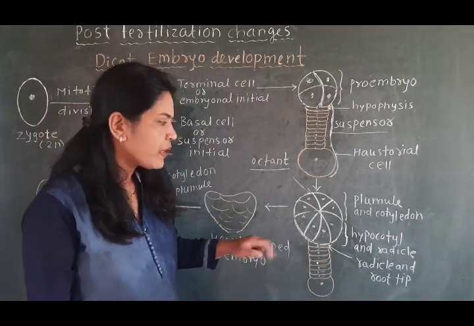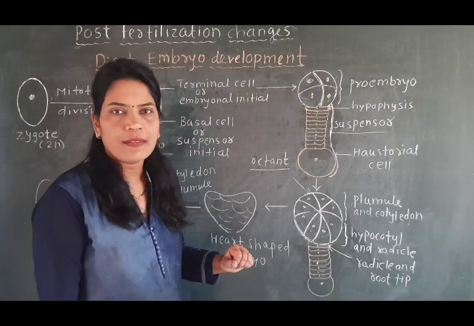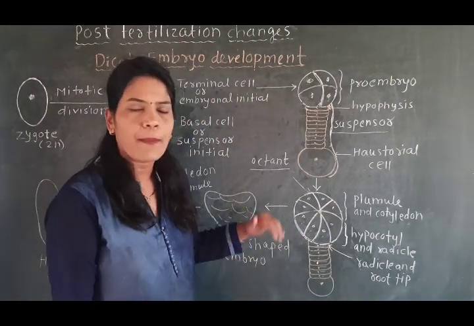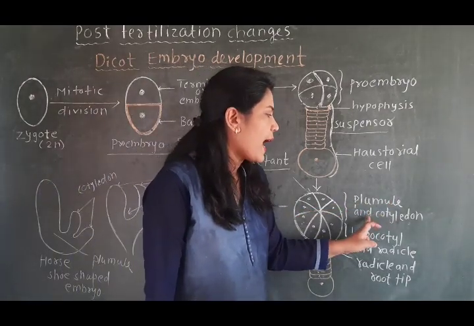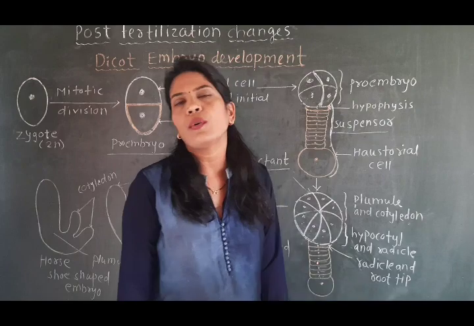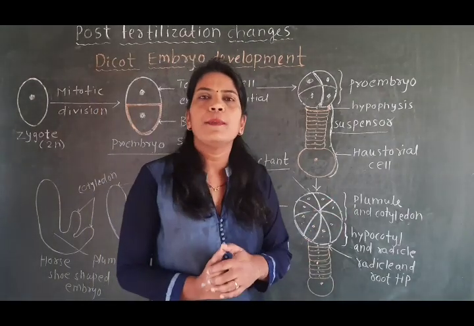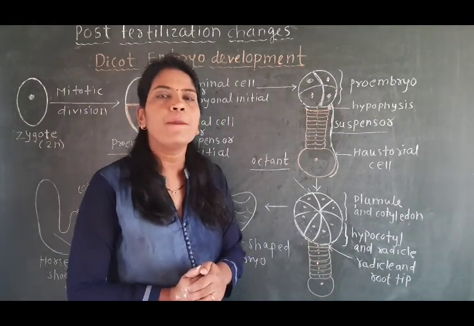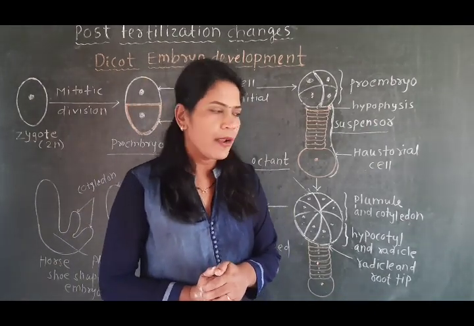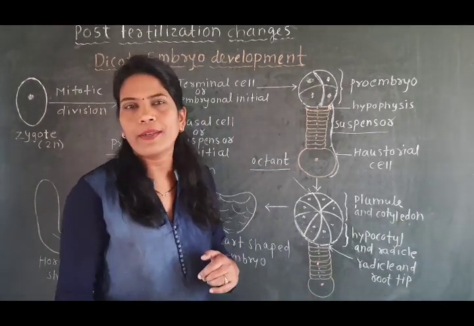Then what happened? The upper 4 cells of the octant stage, the upper tier, form the plumule and the one or more cotyledons. The plumule part of the embryo forms the shoot part, the stem part. And cotyledon means what? In monocots, 1 cotyledon is there.